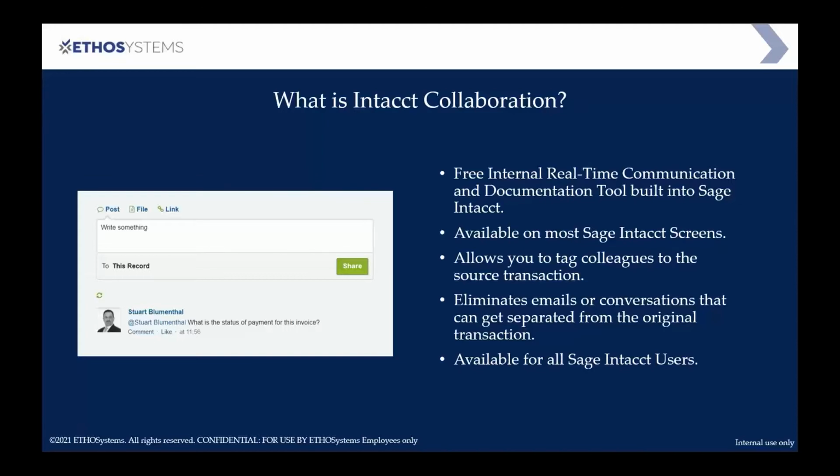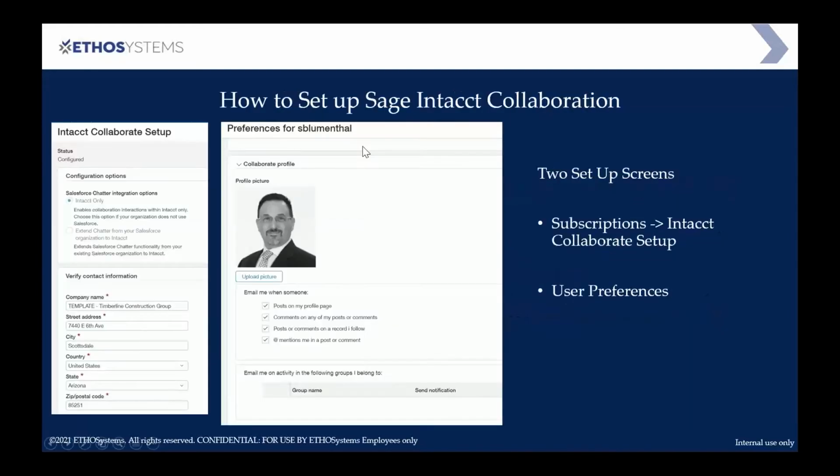So having that supporting detail attached to the record instead of the email is more important. And if someone talks to you about the transaction, this is a good way of documenting it within the system. It's available for all Sage Intacct users, so you can be an employee user, a project management user, or a business user, and you can use the collaborate features within the system.